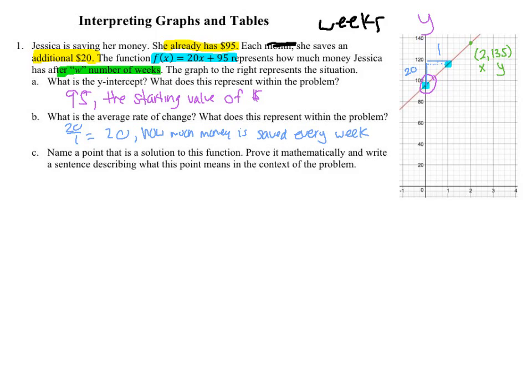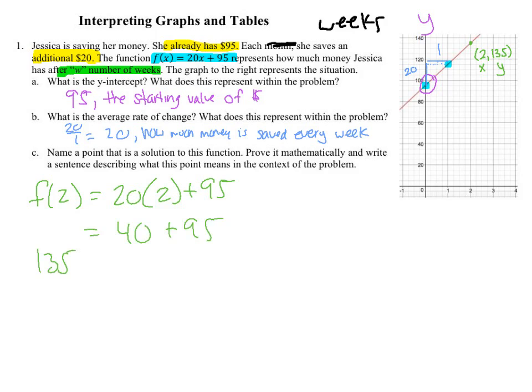So because my x value is 2, I can take that and plug it into the function where the x is. So 20 times 2 is going to be 40. 40 plus 95 is going to be 135.